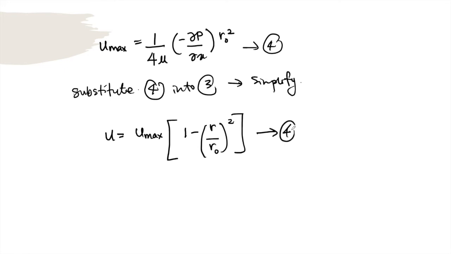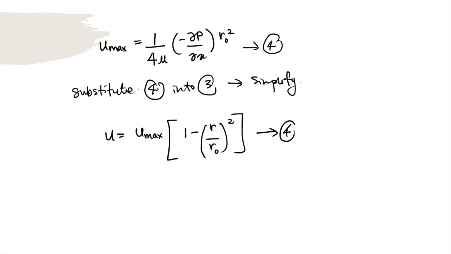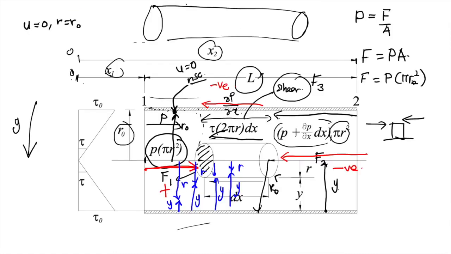If you already know the maximum velocity, then you may use this equation to determine the value of u. Now, volumetric flow rate, because our concern is the volumetric flow rate in the pipes, we can calculate it by using the equation dQ equals u dA.